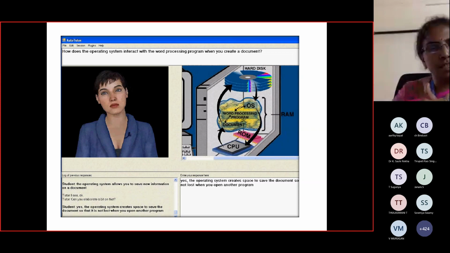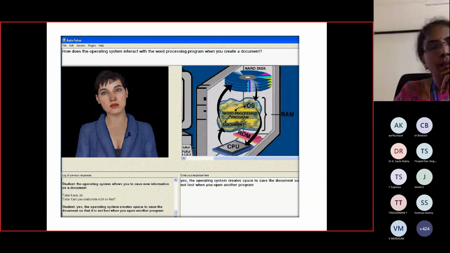So the tutor probes with more questions, like a human tutor while teaching the student would ask more questions related to the topic, so that the understanding of the student improves. Likewise, the tutor gives hints to the student, so that he is oriented towards the correct and complete answer. This is how AutoTutor works.